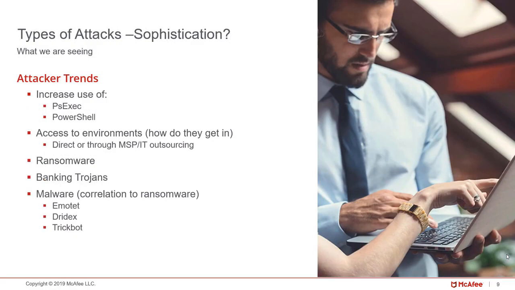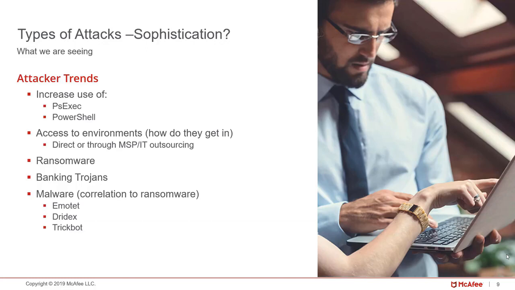Attacker trends. We're seeing very sophisticated code being used in some environments, but much of the code that's being used is being reused time and time again by different threat actors, or they're using commonly available tools, whether it's psexec or PowerShell, in order to leverage legitimate tools that you will have in your environment or you may allow in your environment.